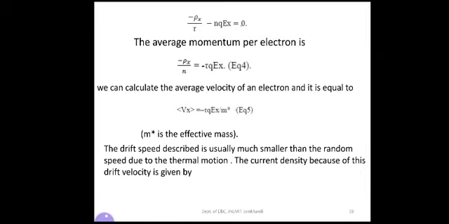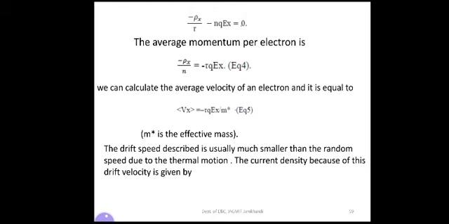So that is minus px by tau minus n q into epsilon x, that is equal to 0. So the average momentum per electron is px by n equal to minus tau q epsilon x.